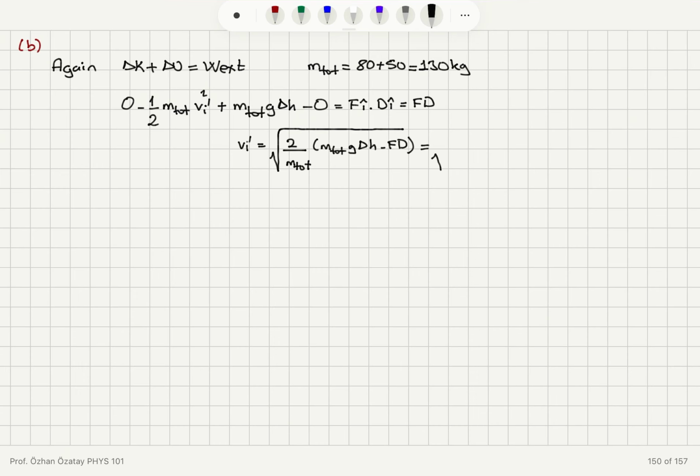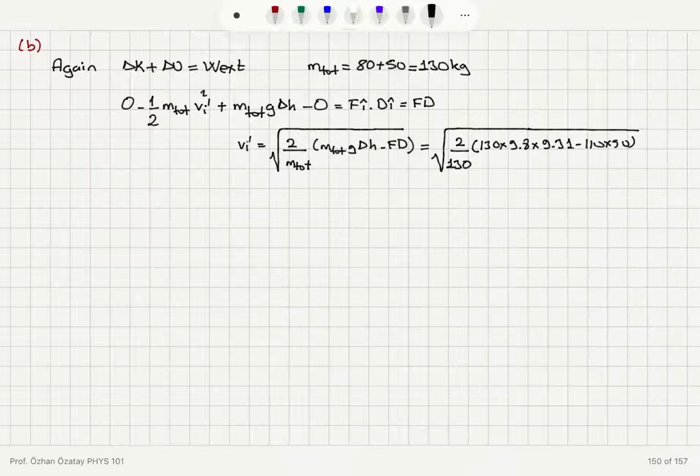If we plug in the numbers here, this will be 2 divided by 130 kilograms, 130, 9.8, 9.31 meters minus 110 times 50, and this turns out to be 9.89 meters per second initial speed for Jane and Tarzan swinging back together.